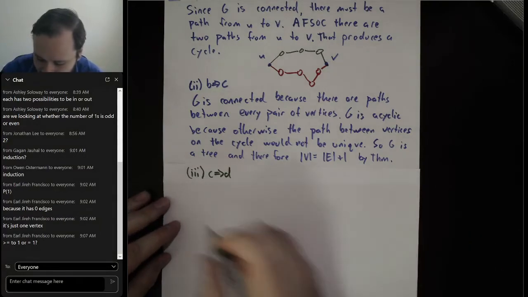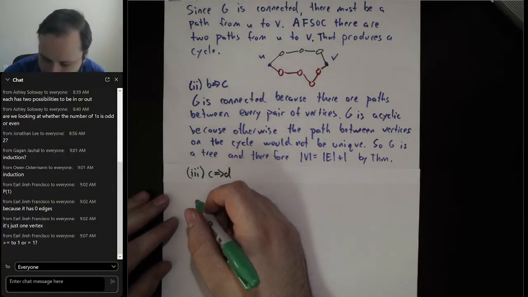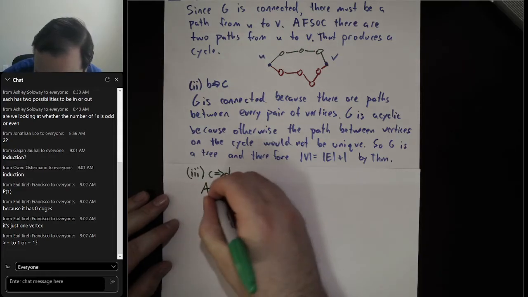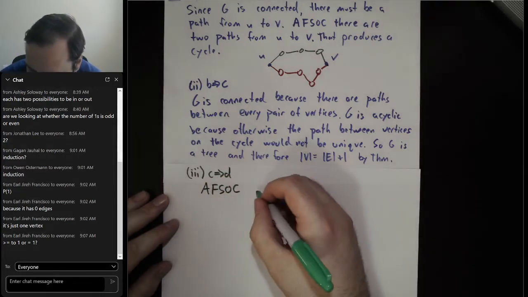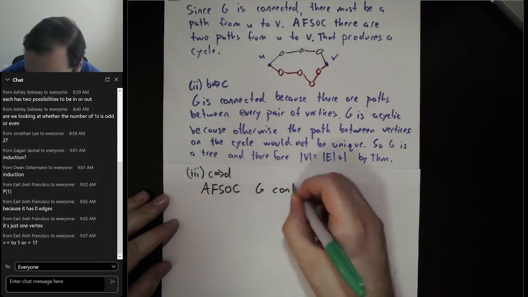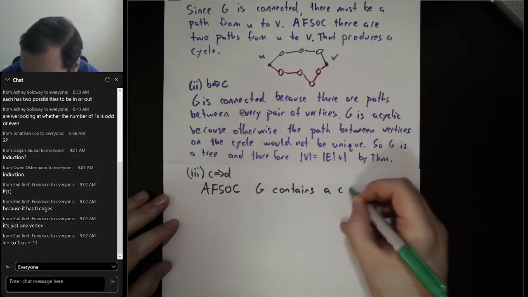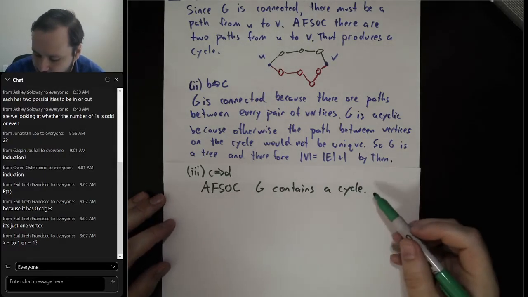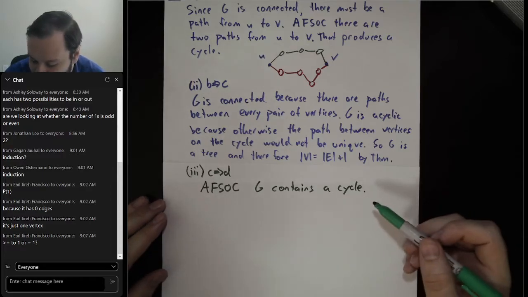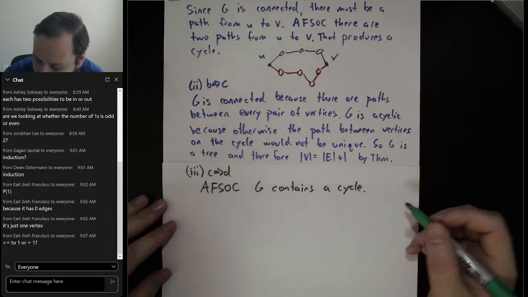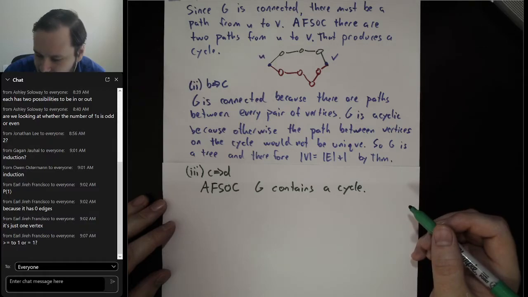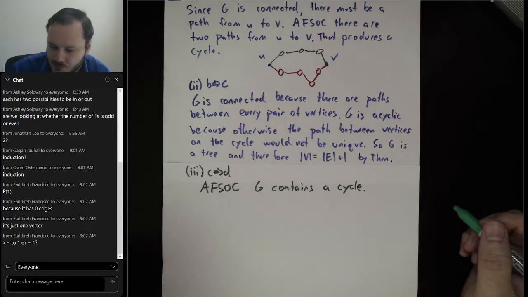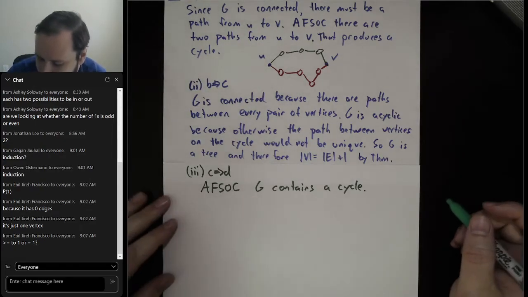So if I assume for the sake of contradiction that G contains a cycle, then that cycle has the same number of edges and vertices. And if I look at the remaining vertices and edges, there's just not enough to be connected.